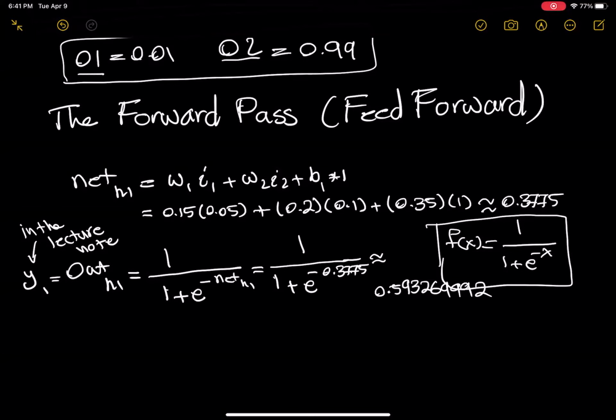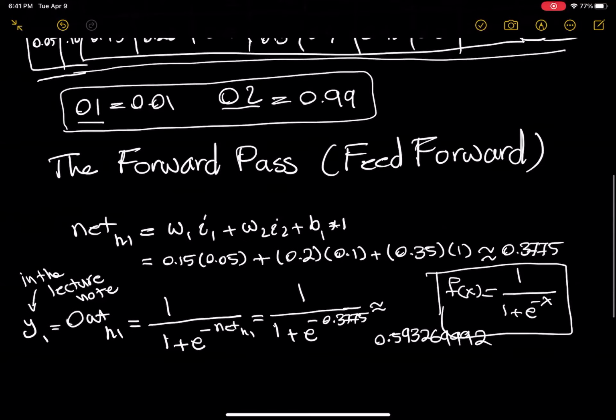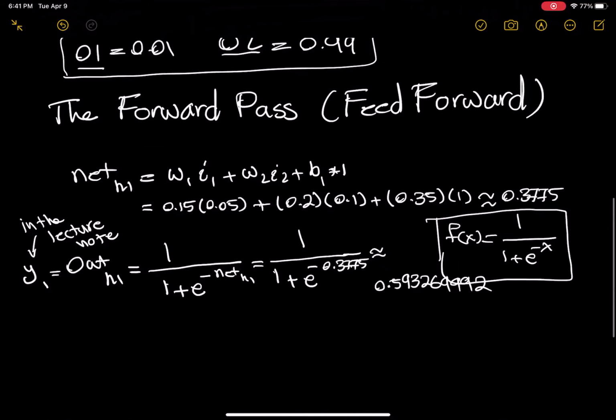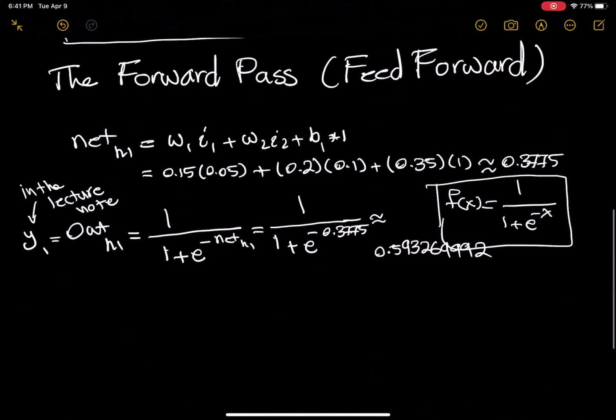Now, I want to do exactly the same for H2. So I calculated H1, and I'm going to do exactly the same for H2 here. I'm going to leave that part for you. So basically you have to first calculate net of H2. Let me write it this way.